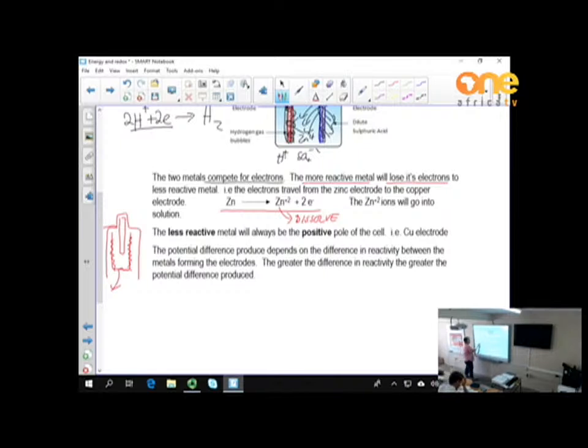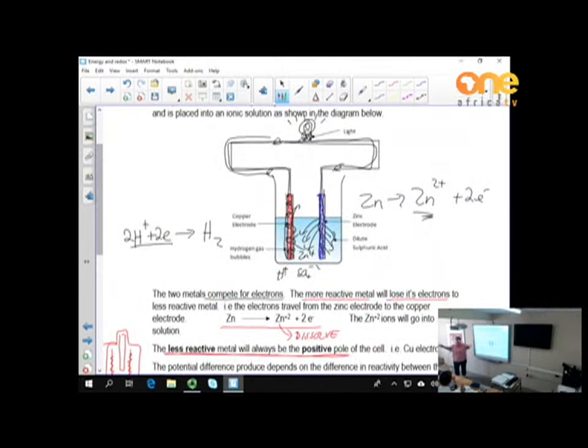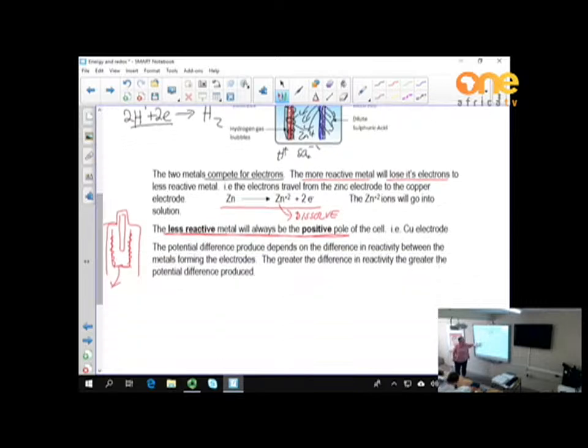The less reactive metal will always, in this case, remember we've not connected it up to a battery. There's not a battery with a positive and a negative pole. But when we have a cell like this, we talk about an electrochemical cell. We say the less reactive metal will be the positive rod. Where on a torch cell is the positive and where's the negative? The zinc casing forms the negative pole. We have a carbon electrode in here which is unreactive.